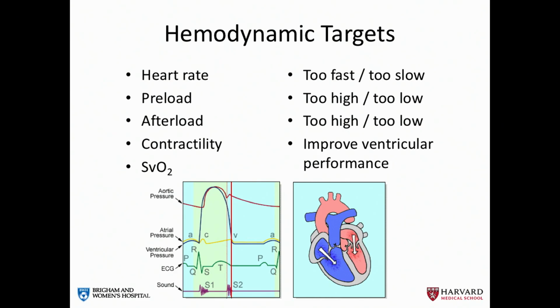Afterload, again, too high or too low. Contractility or cardiac squeeze, stroke volume. Here we have to think about approaches to improve ventricular performance, and then central venous oxygen saturation or mixed venous oxygen saturation, which we'll talk about in depth and reflects contractility indirectly.